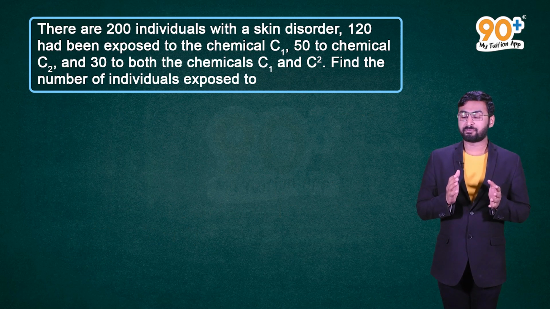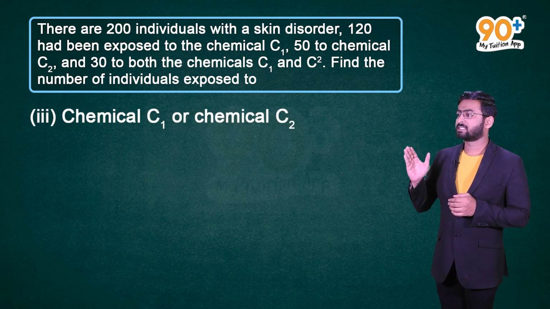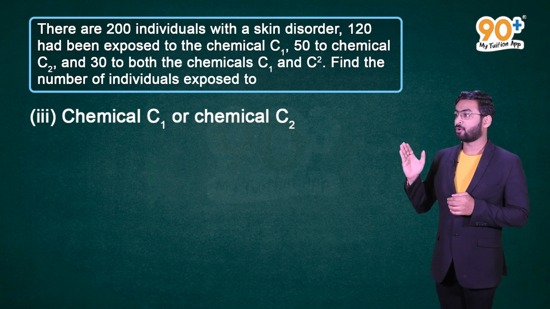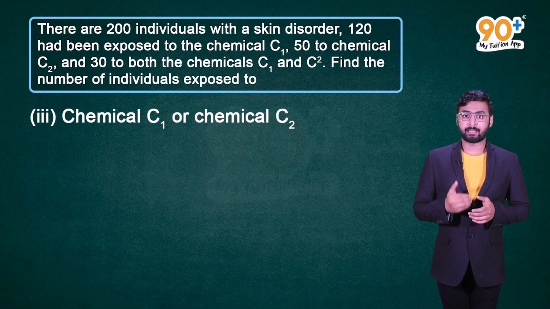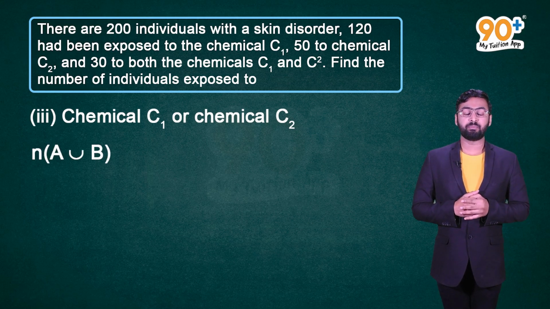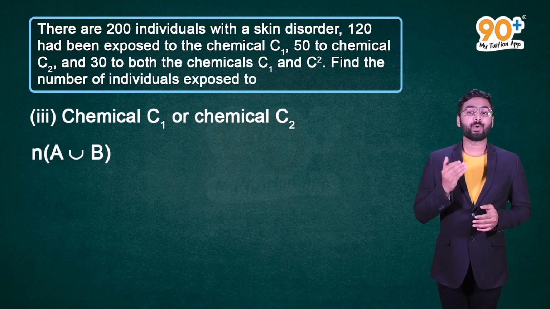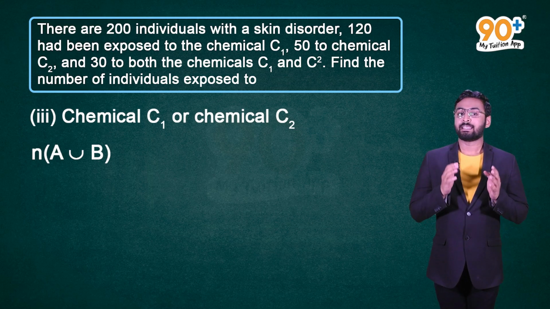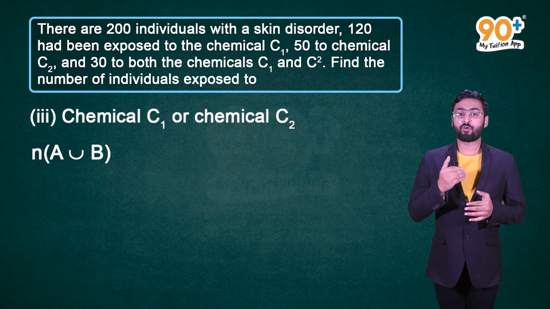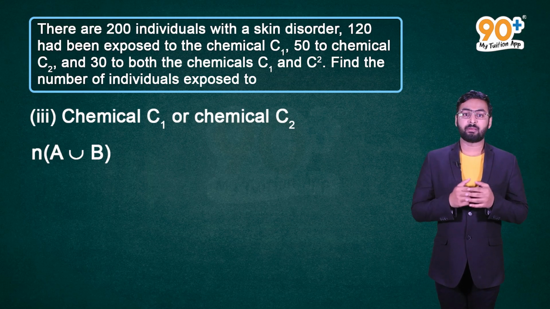Next, we have to find the number of individuals exposed to chemical C1 or chemical C2, that is n of A union B. So, how can we find this? Yes, we can use the formula for finding the number of elements in the union of two sets.